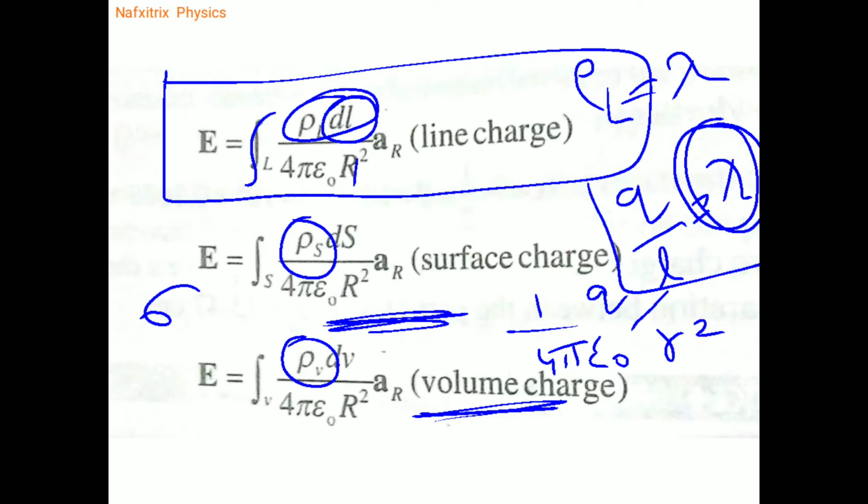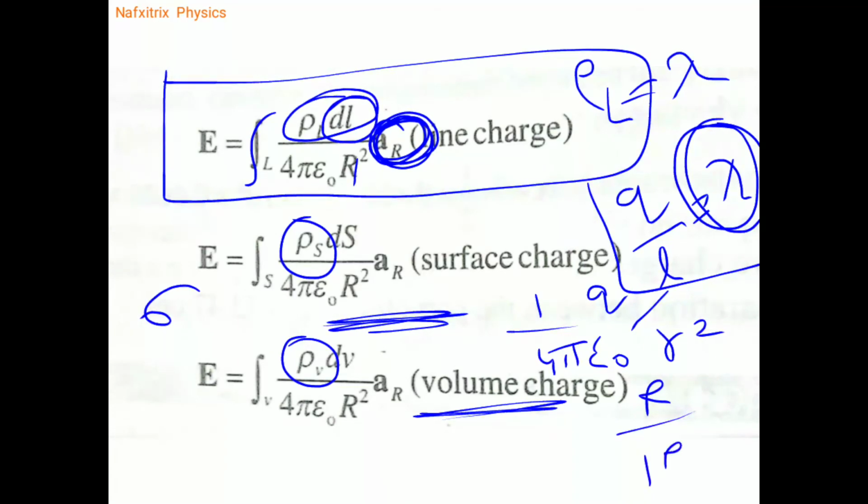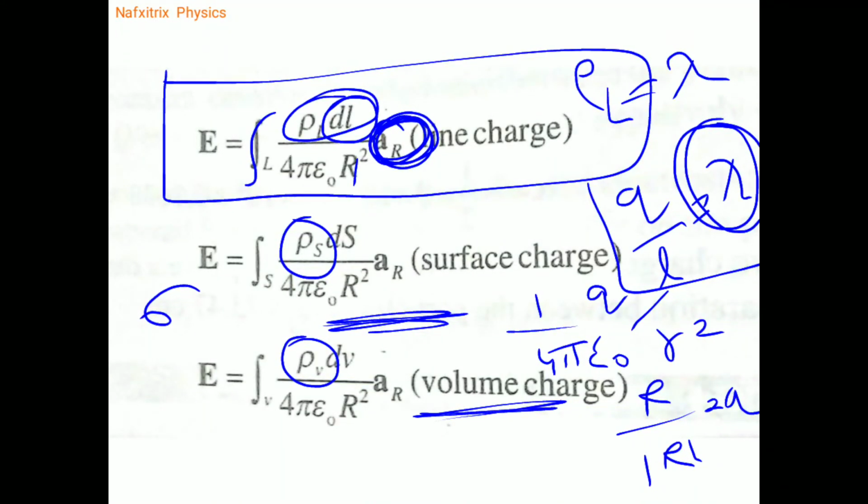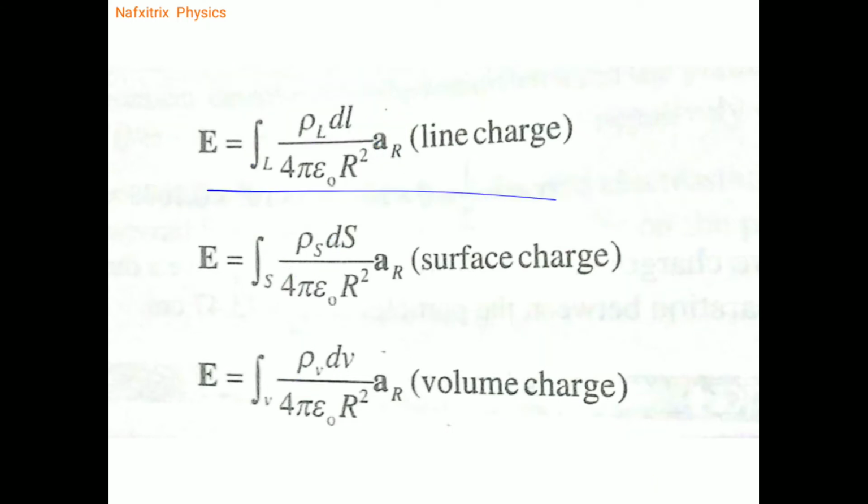So Q by 4 pi epsilon naught r square, and this is the unit vector, a cap, which is r by magnitude of r. This unit vector is used to indicate direction, because electric field is a vector quantity. We need to use this formula.